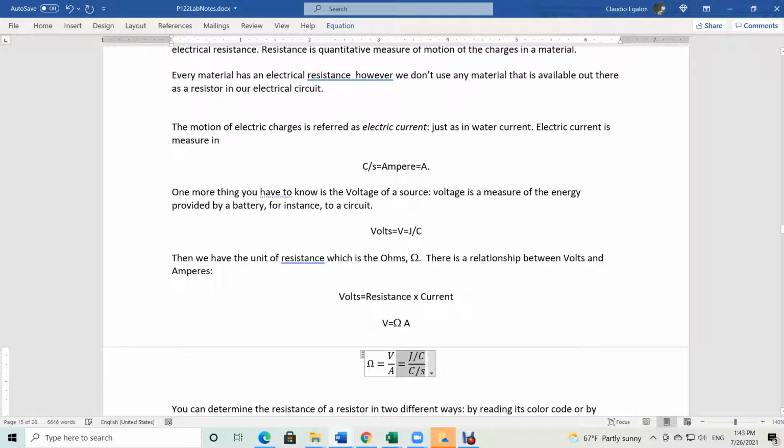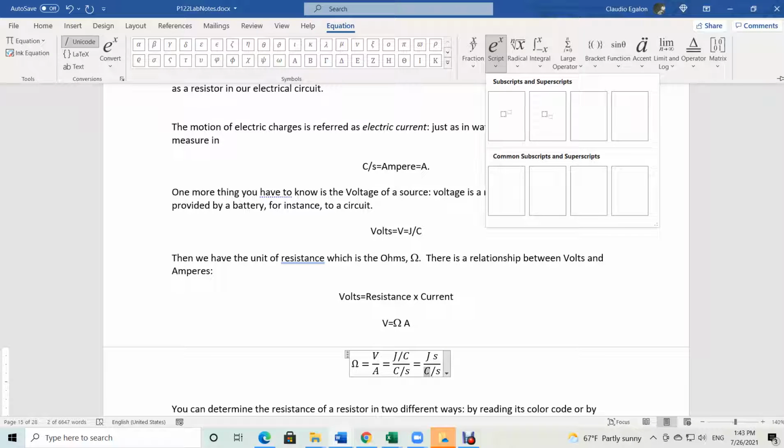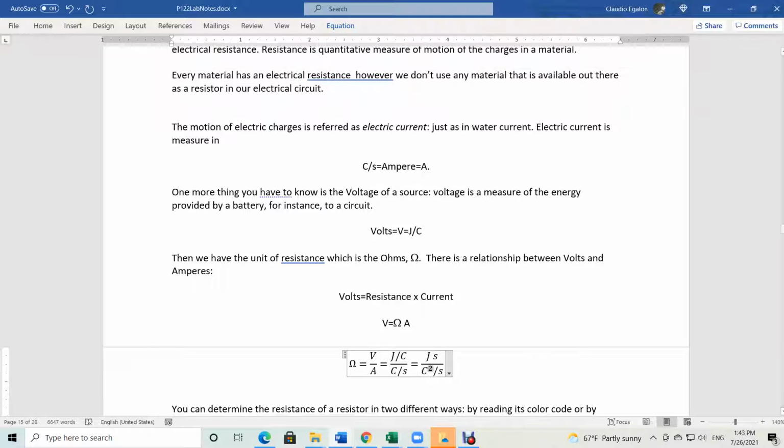So we have this complicated unit that ends up being joules second, coulomb square. That's what ohms is all about. But if you want something like that, it's just volts per amps.